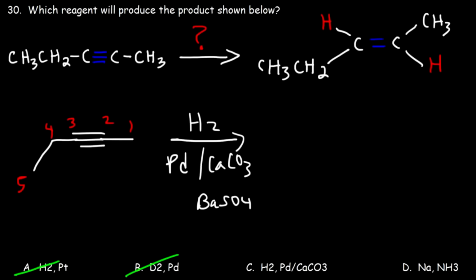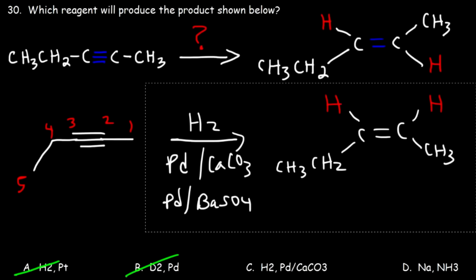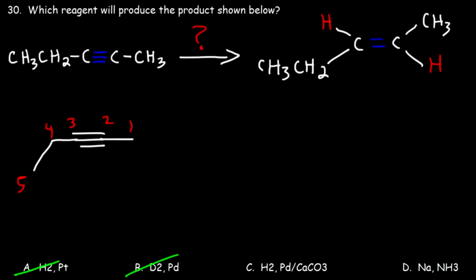So if you see palladium over barium sulfate, this still represents the Lindlar's catalyst. And what it's going to do is convert the alkyne into a cis alkene as opposed to a trans alkene. So this is the product of the Lindlar's catalyst, using this as the reactant. So we can eliminate answer choice C, which means that we know the answer has to be D.